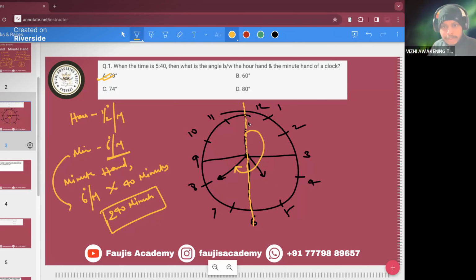When it starts to move, the hour hand also starts to move slightly. In one complete hour it moves from 5 to 6. Listen to me carefully, guys. In one complete hour it moves from 5 to 6, so in 40 minutes also it must have moved some angle.